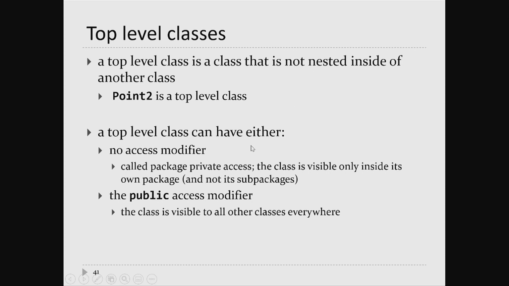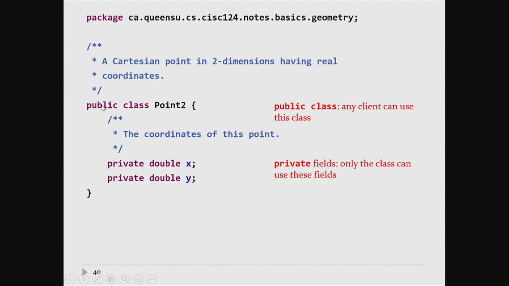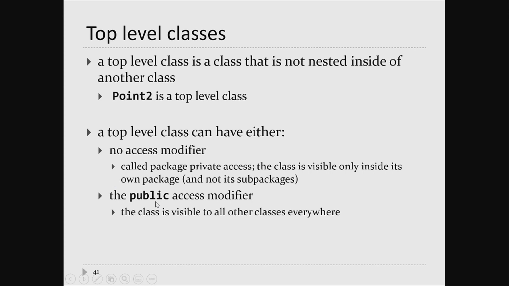A top-level class is allowed to have either no access modifier, in other words, that word public doesn't have to be there, or it can be public. The public access modifier means that the class is visible to every other class. In other words, anybody can use the class. If there's no access modifier, it's what Java calls package private.